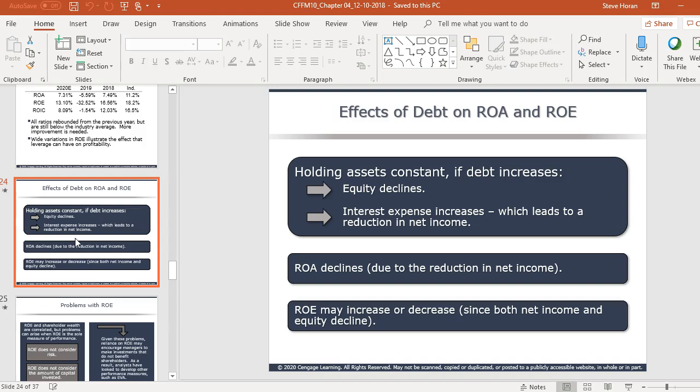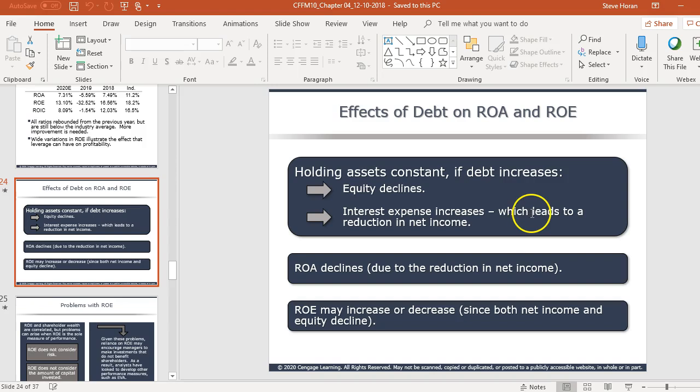And then what you should do with ratios is kind of sit back and go, what if? If I do this, then what? If I sell stock and pay down debt, what does that do to my ratios? Those are the kinds of things that businesses should always be looking at. So it says here, if assets are constant and debt increases, that means equity goes down.